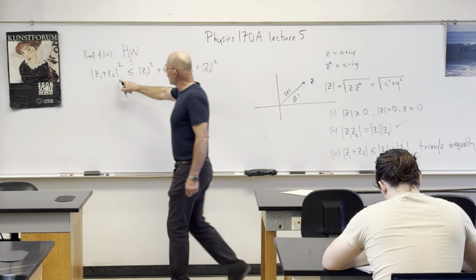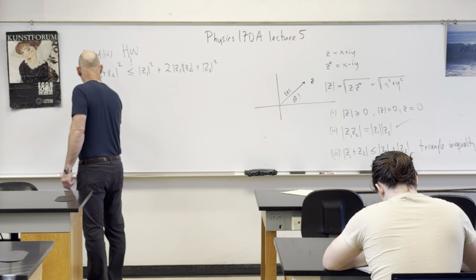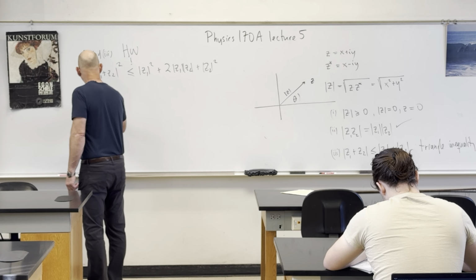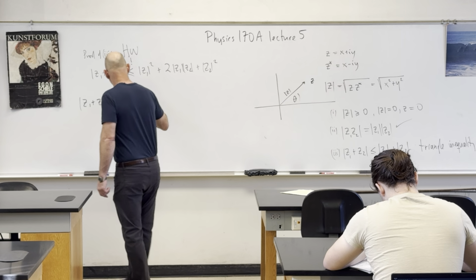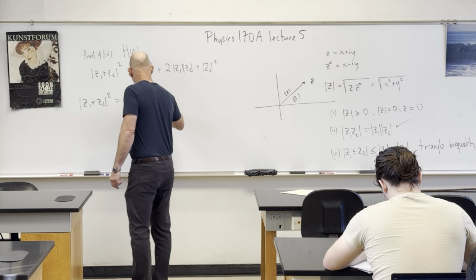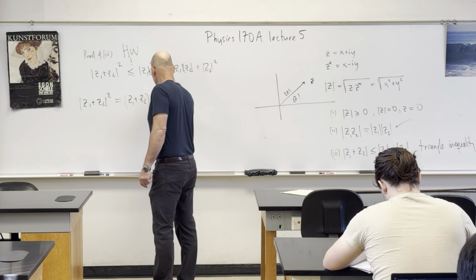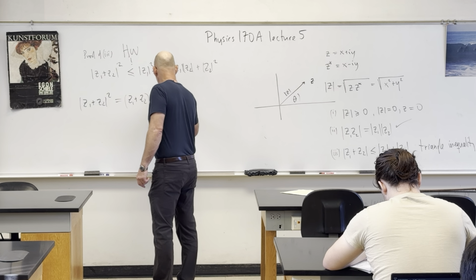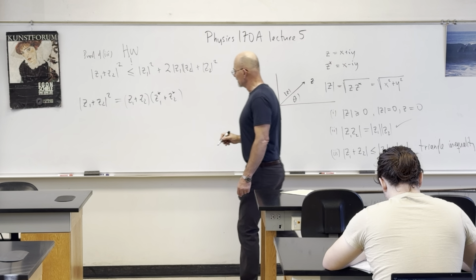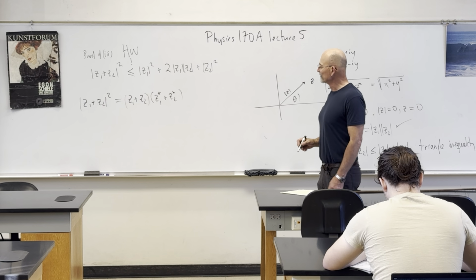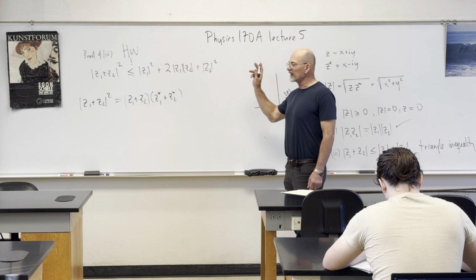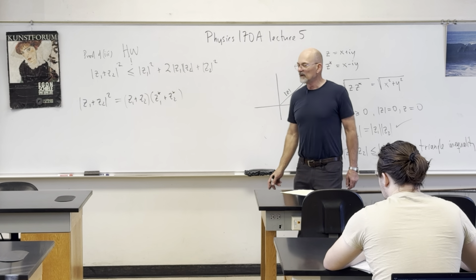And what we do is we start with the left side. So we have |z1 + z2| squared equal to (z1 + z2) times (z1 star + z2 star). That's by definition. And it's good to square these, you don't have to deal with the square root.